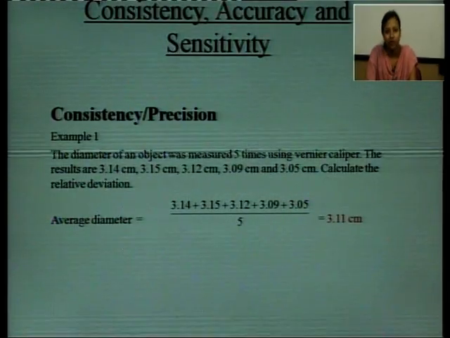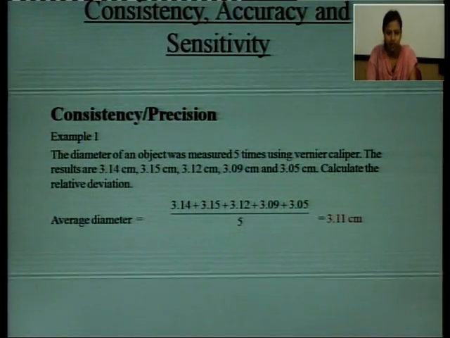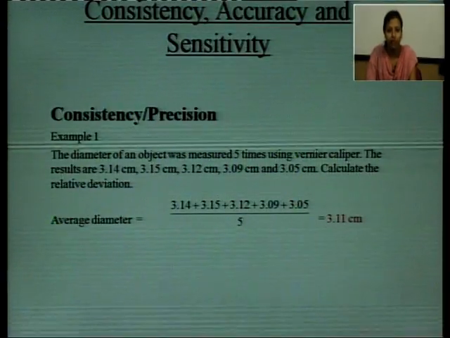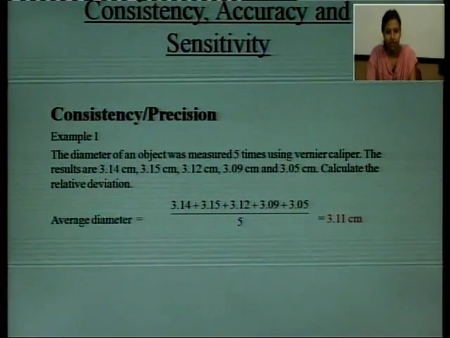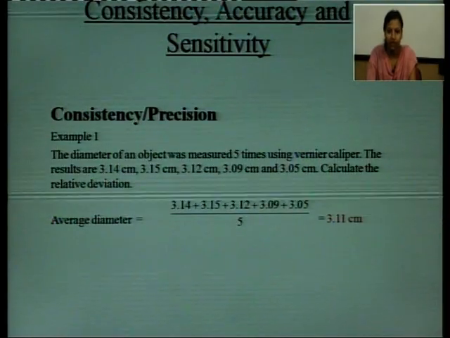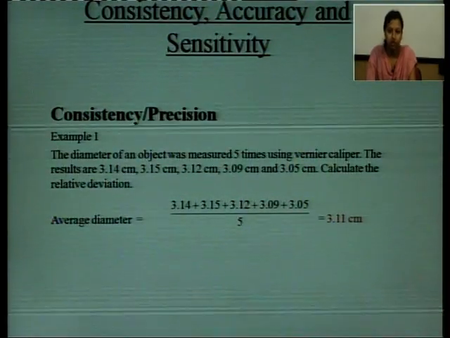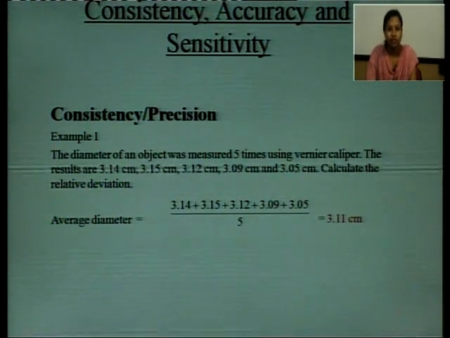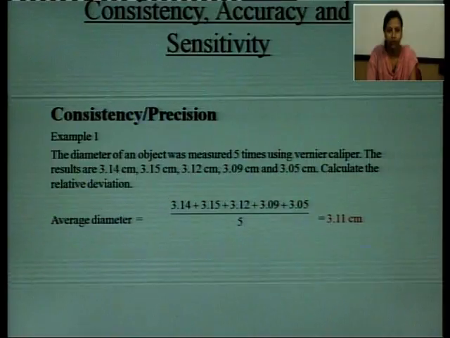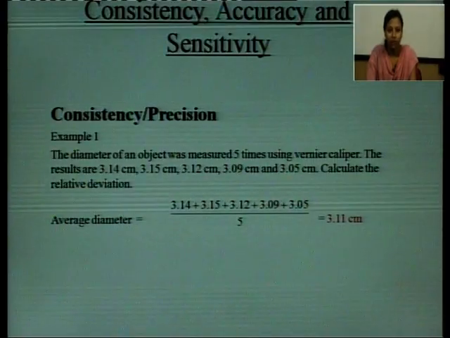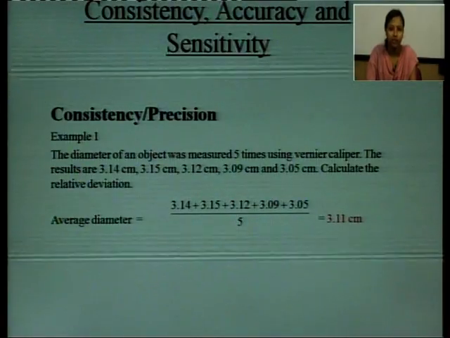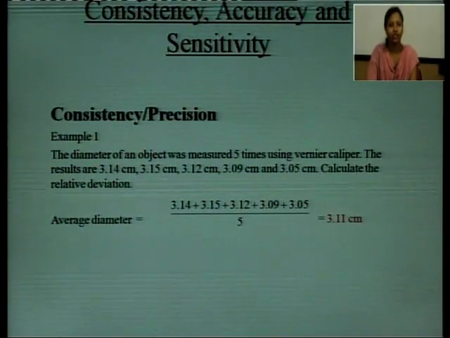Next is an example regarding consistency and precision. The diameter of an object was measured 5 times using a Vernier caliper, so there should be 2 digits after the decimal point. The results are 3.14 centimeter, 3.15 centimeter, 3.12 centimeter, 3.09 and 3.05 centimeter.